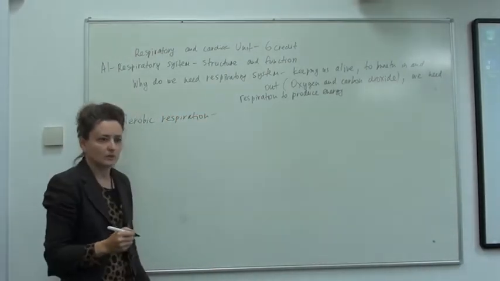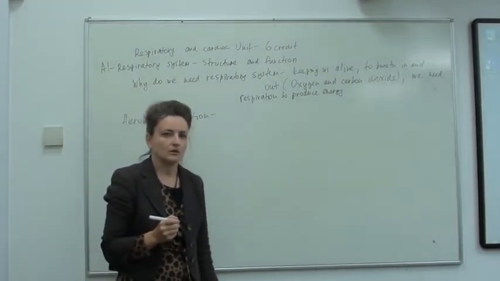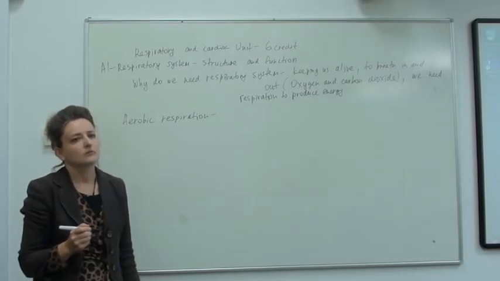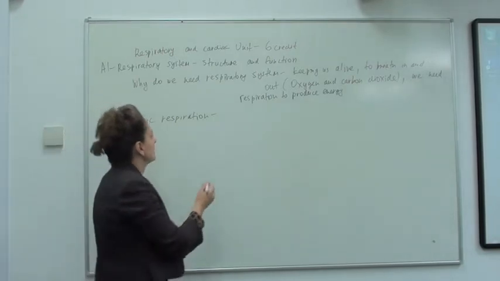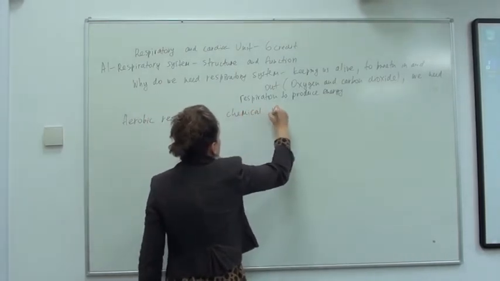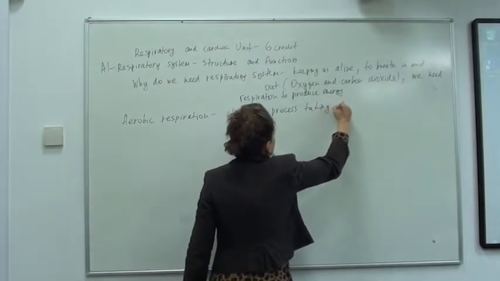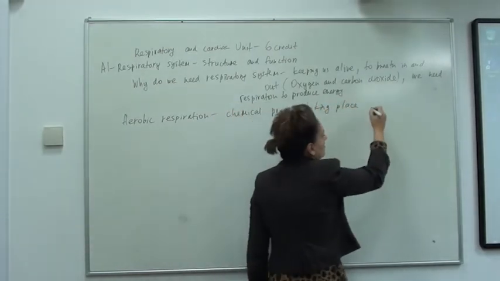What is aerobic respiration? Does anybody have any idea or suggestion? That you use oxygen to produce energy. Right, exactly. So this is a chemical process taking place in your cells.